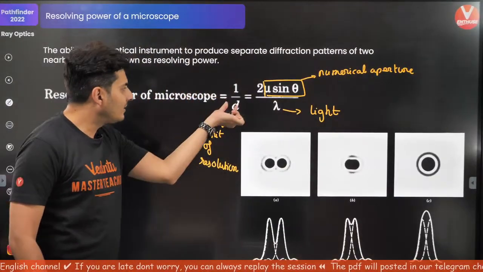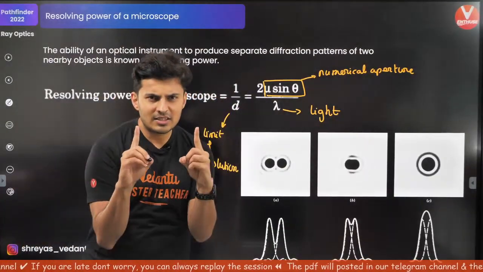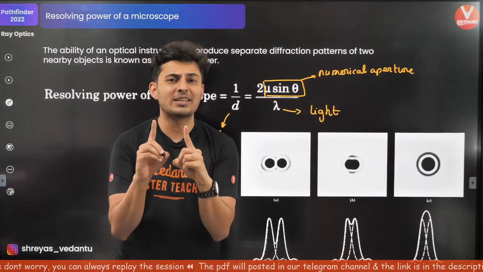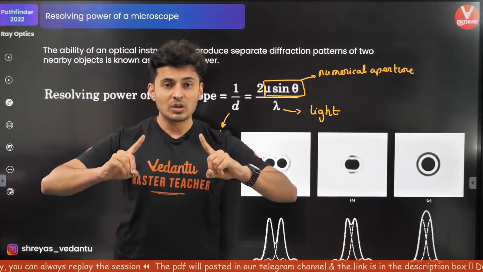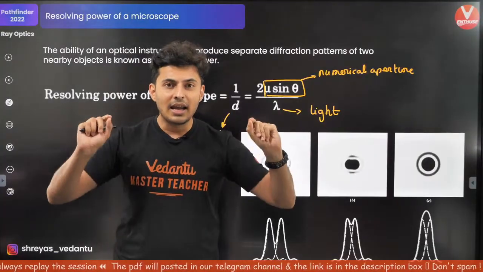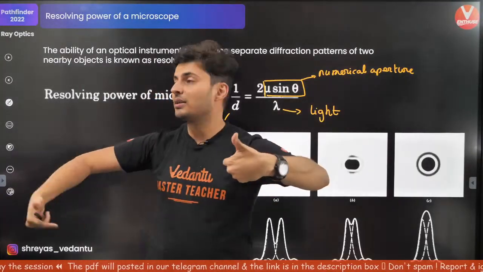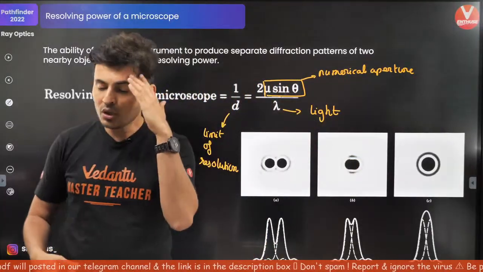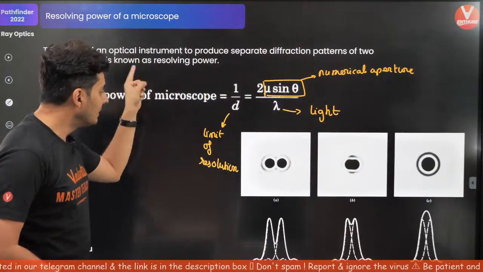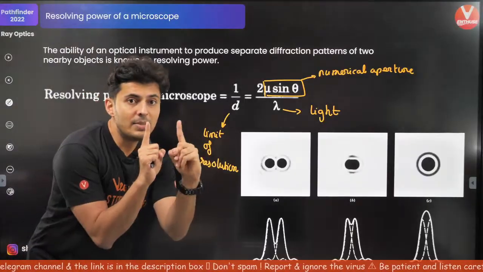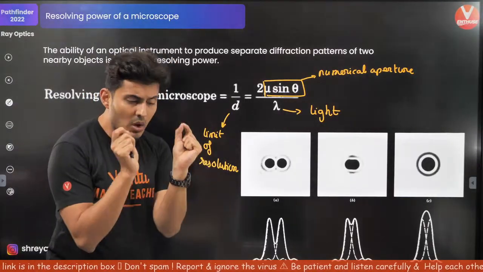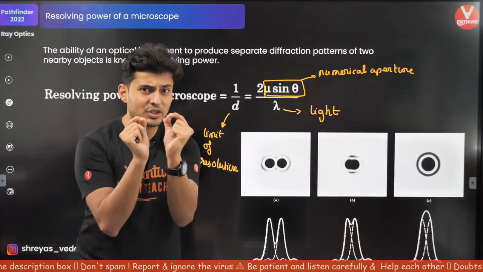Now, if this d is small, that means this distance is very small. That means the two things can be as close as possible to each other, which is very good. So the diffraction is less and the power of resolution is more. Resolving power is more. As simple as that. So resolving power is inversely related to the limit, the minimum distance at which those two objects, those two microorganisms or two points, should be.